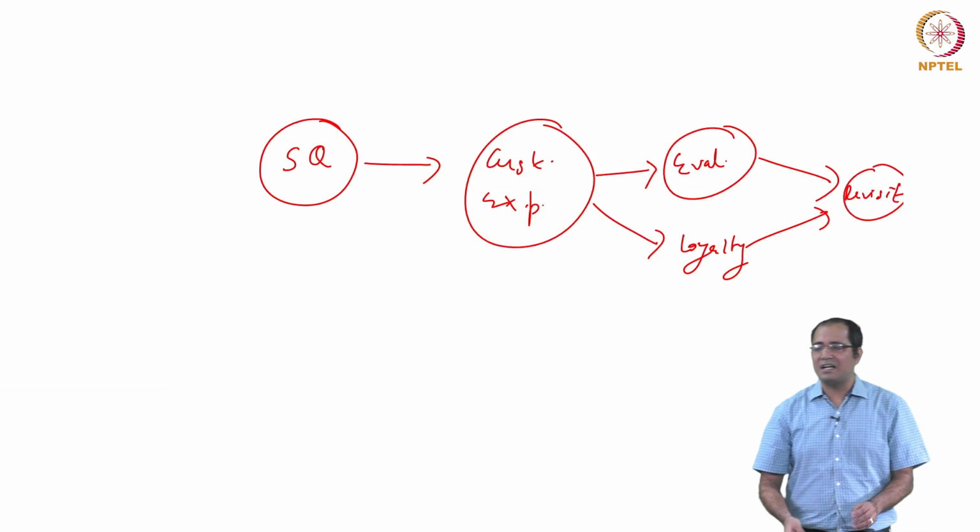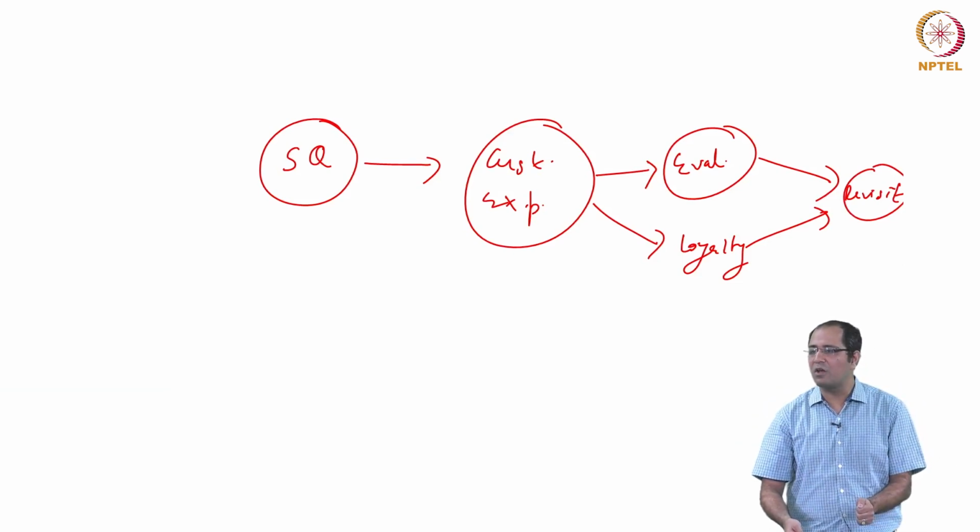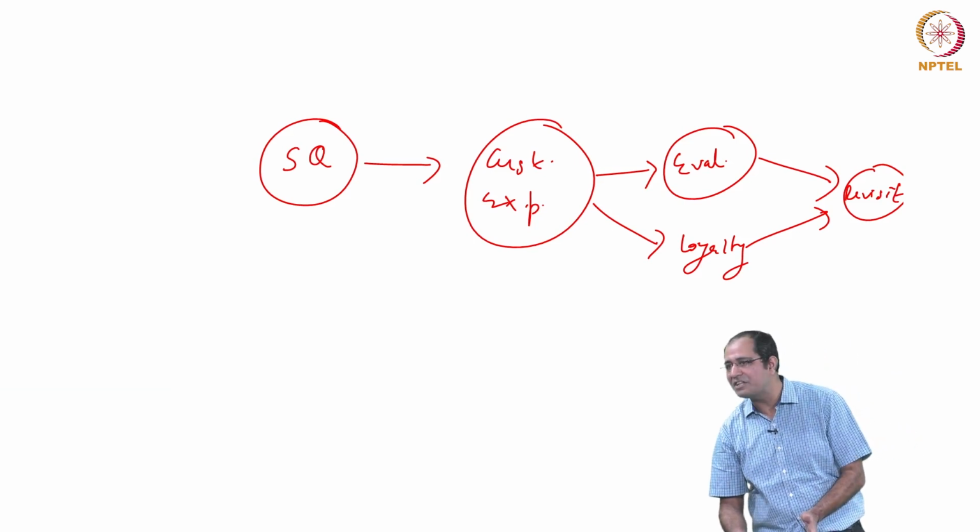So the theory says that this is how you can explain the relationships. This is how you could understand one aspect of repatronage in a restaurant.